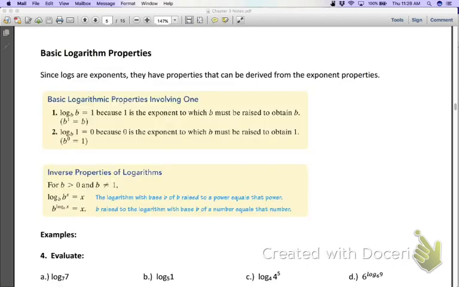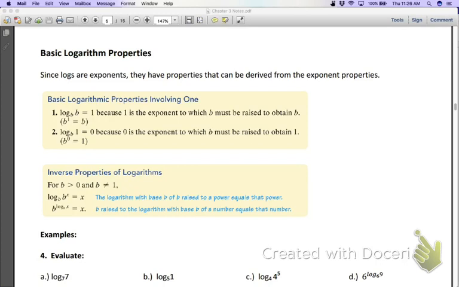So just a few basic properties, really pretty self-explanatory. If it's log base b of b and there's nothing there, it's equal to 1. Just like we talked about, if you have the same base, then it's whatever your exponent is. So if it would be b squared, then your answer would be equal to 2. If it was b to the 1/3, then it would be equal to 1/3.